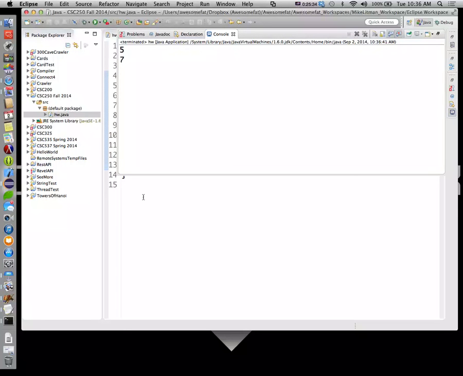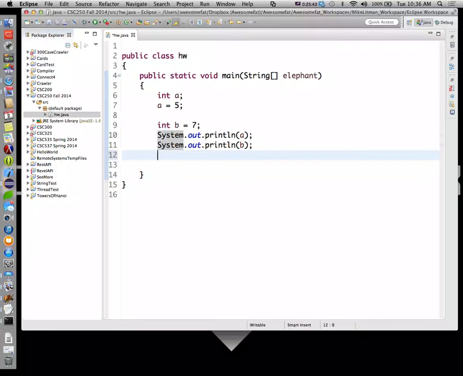Now, by definition, variables can vary. Okay? Their values can change. So I can come down here and I can say A is actually 13. Right here, just to prove they hold negative numbers. A is actually equal to negative 13. All right? And then I'll go ahead and I'll print A again.